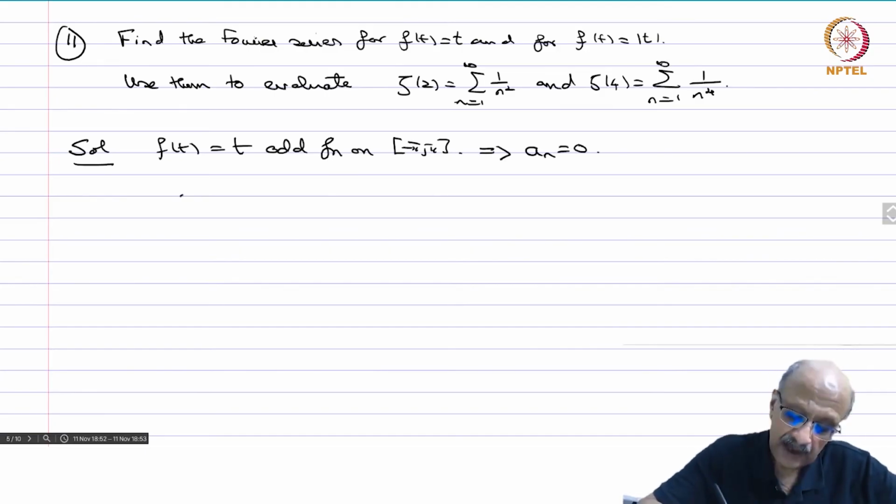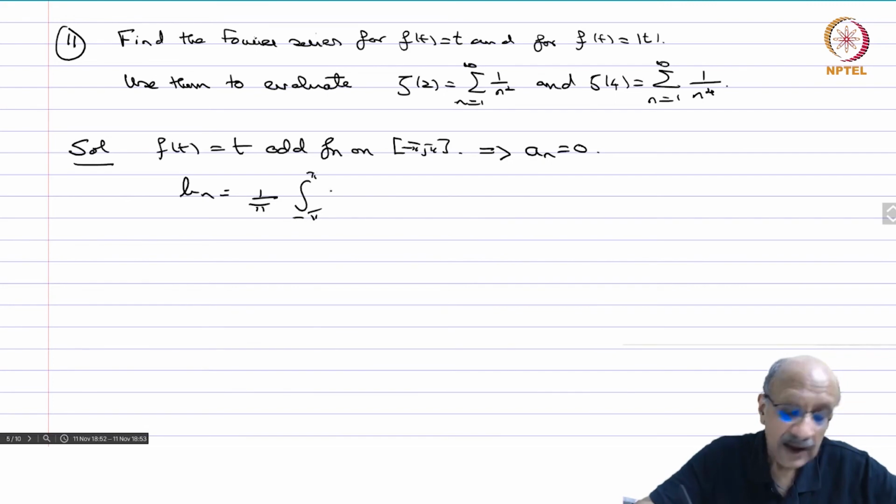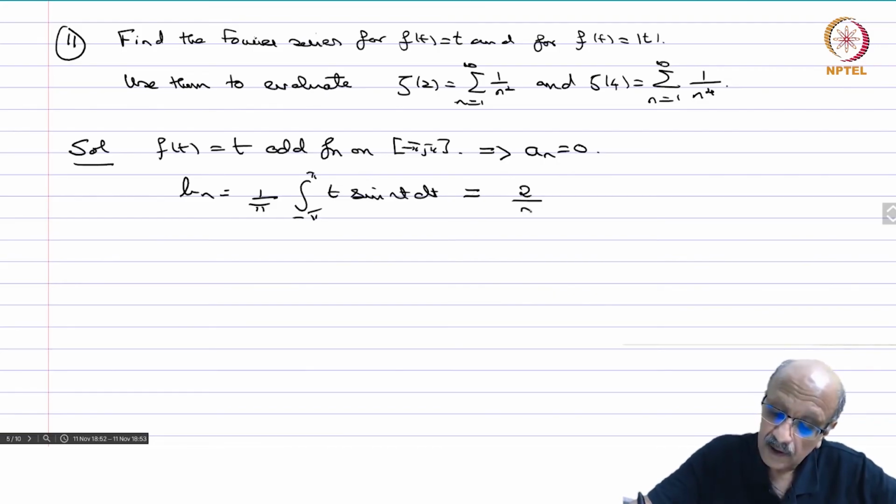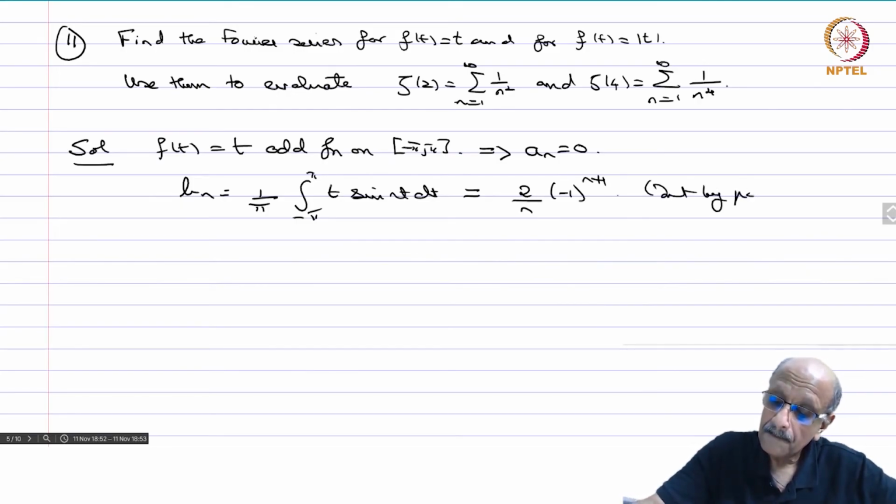And b_n equals 1 by pi integral minus pi to pi t sine nt dt, and you do an integration by parts. You should work this out. This will give you 2 by n times minus 1 to the n plus 1. So integration by parts, I won't do it.